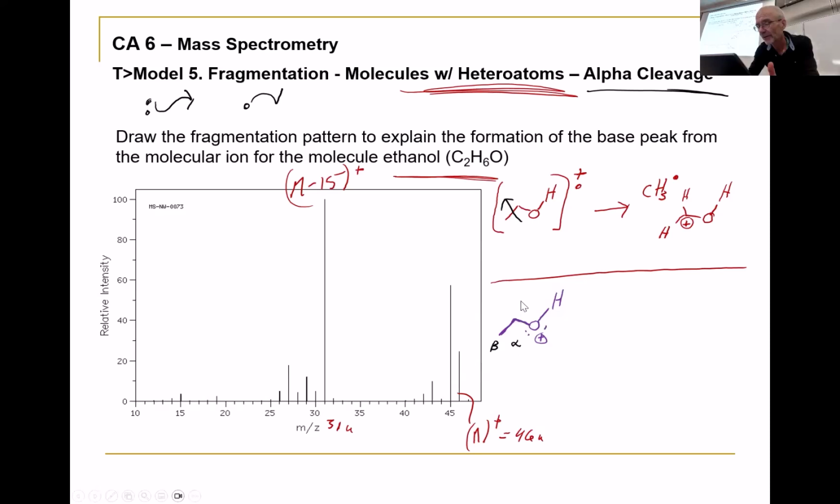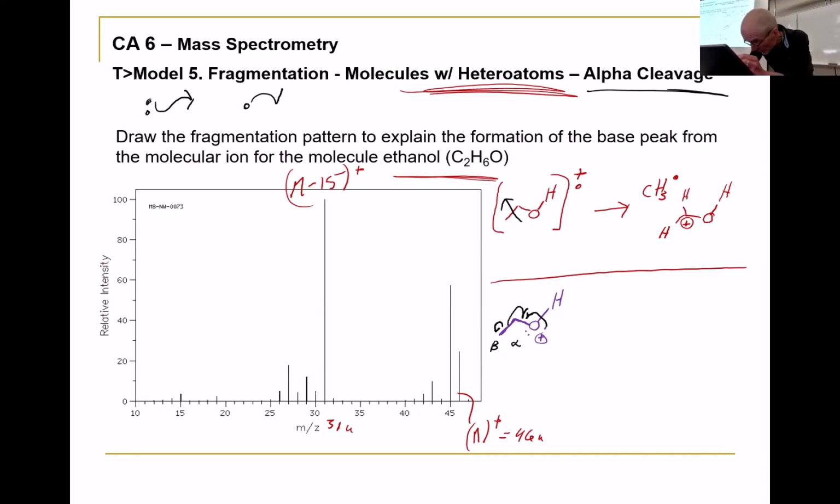You have here a single electron and a single electron coming to form a new bond, a pi bond between that carbon and oxygen. And a single electron comes onto the beta carbon, and that explains the radical.